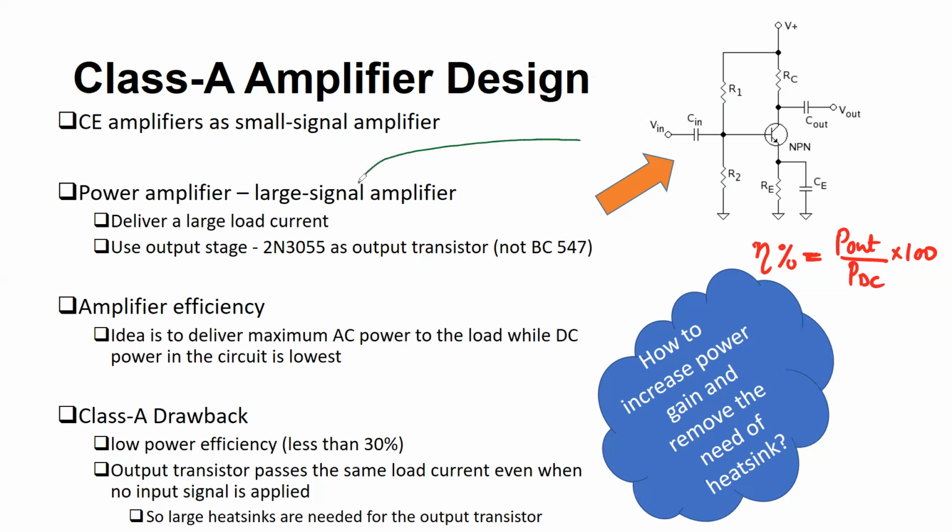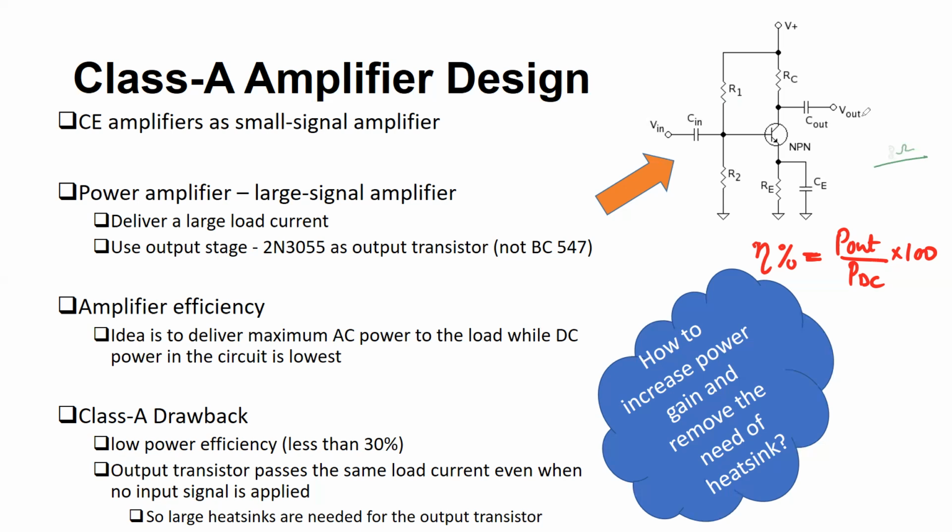But as a large signal amplifier or power amplifier, the power delivered to the load is in the range of milliwatts, or even more than 10 milliwatts. An example of using it as a power amplifier is audio amplification, where you deliver the output current to a loudspeaker with a resistance of, for example, 8 ohm.